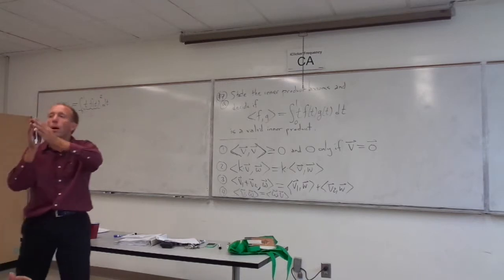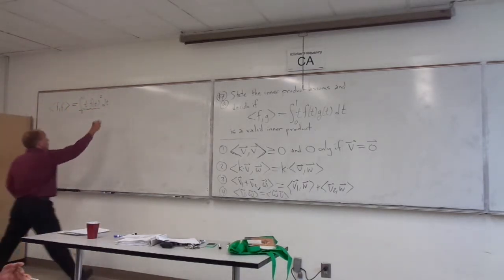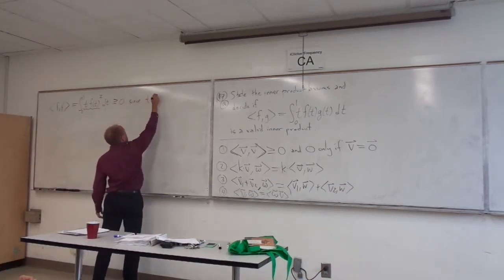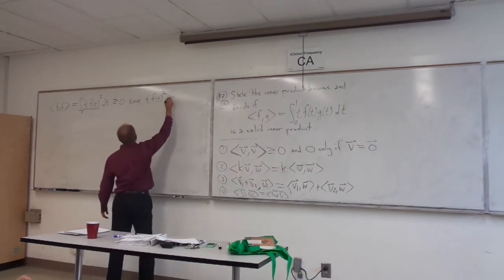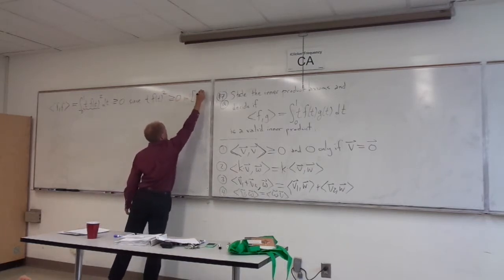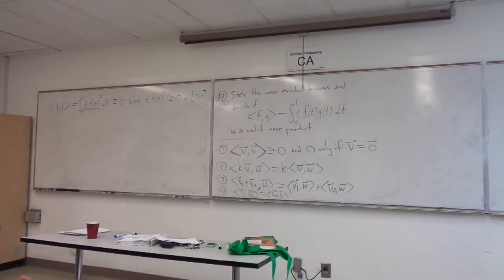Of course you're going to get positive area under that graph. That's what the integral represents. So this is greater than or equal to 0 since t times f of t squared is greater than or equal to 0 on the interval 0 to 1. Does that make sense?